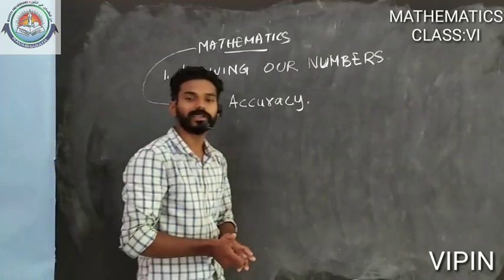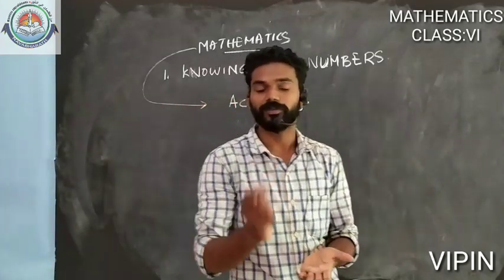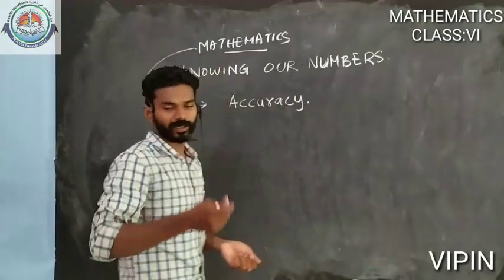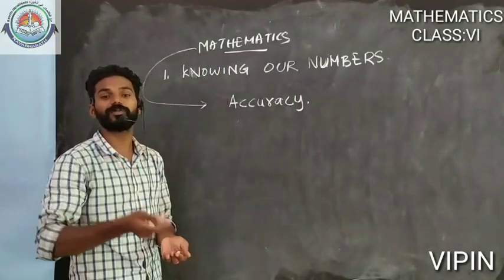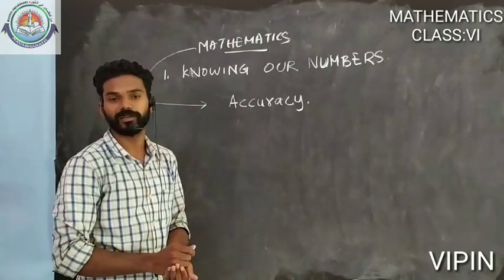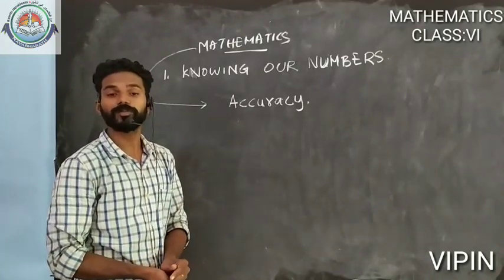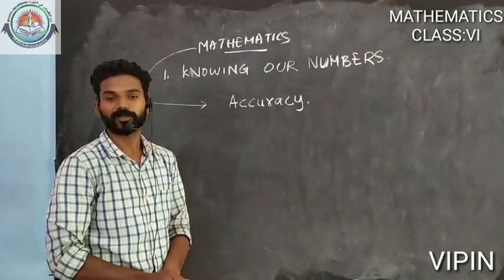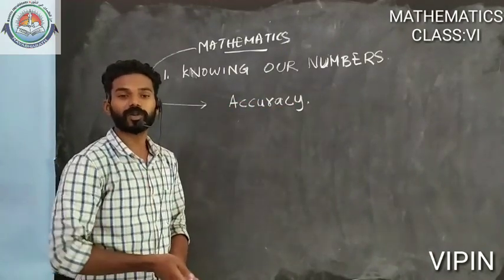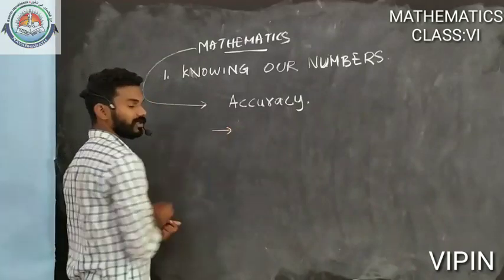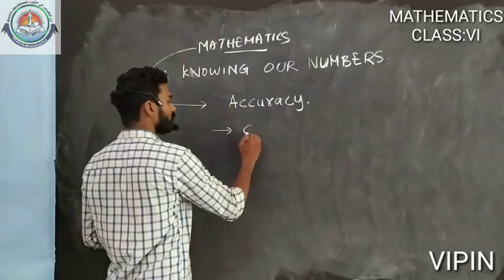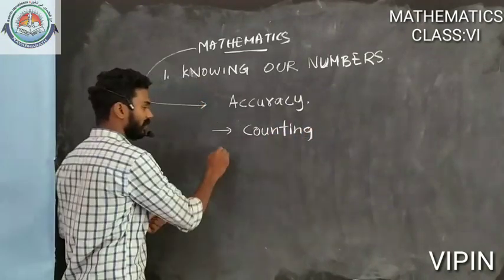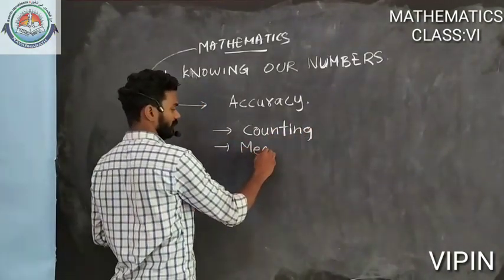And how shall we attain accuracy in those situations using mathematics? In mathematics, there are different processes that can be done so that our problems will be solved with maximum accuracy. And such processes include counting, measuring, etc.